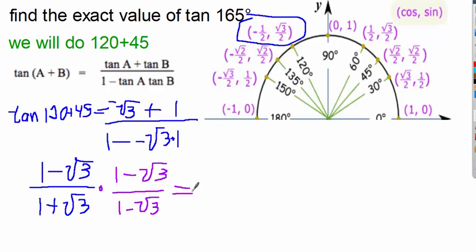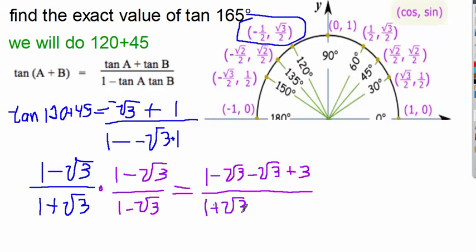And FOIL. When I FOIL the numerator, I get 1 minus the square root of 3 minus the square root of 3 plus 3. Square root of 3 times square root of 3 is square root of 9, 3. In the denominator, if I do the whole FOIL, I get 1 plus the square root of 3 minus the square root of 3 minus 9.